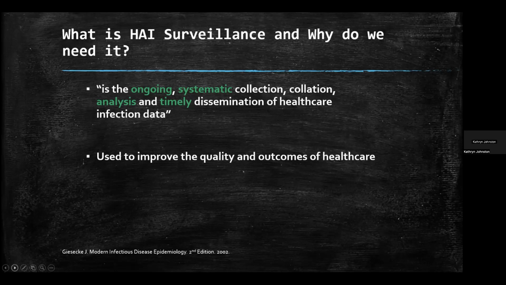The data that I'm referring to is data for action. In other words, you're not just collecting the data and filing them somewhere, but you're accumulating the data and then using them ultimately to improve the quality of healthcare and the outcomes that are being measured, which in this instance is healthcare-associated infections.